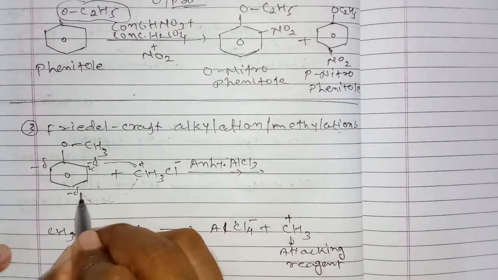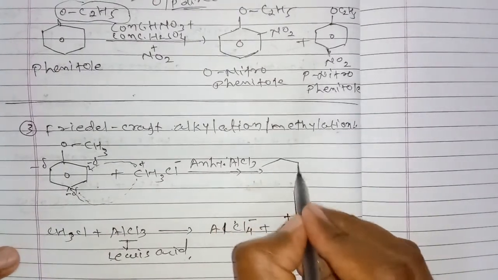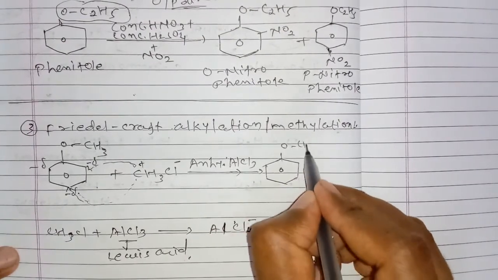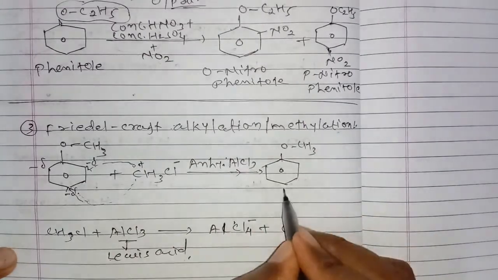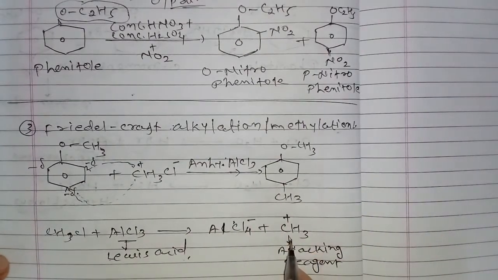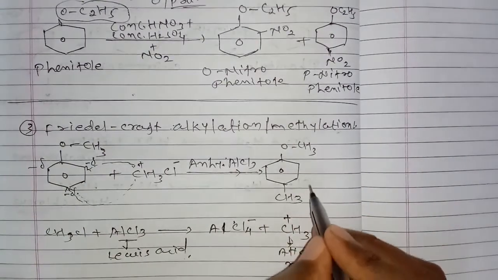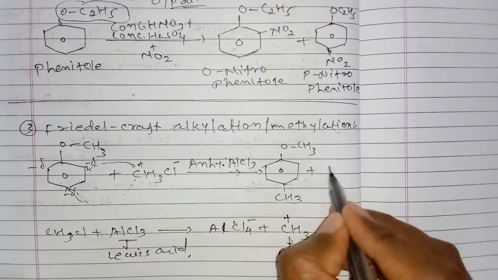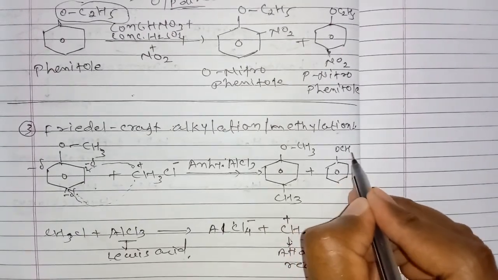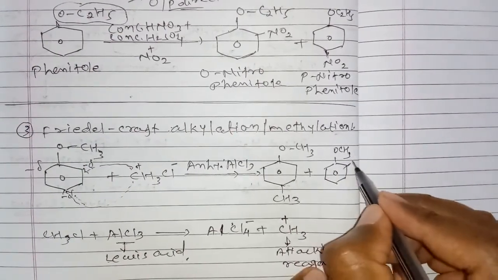This will touch on the para position, so it forms methyl anisole or para methyl anisole.